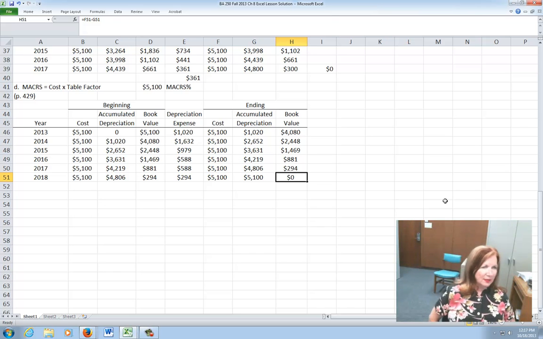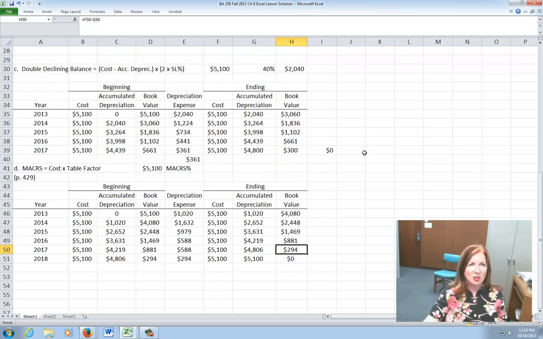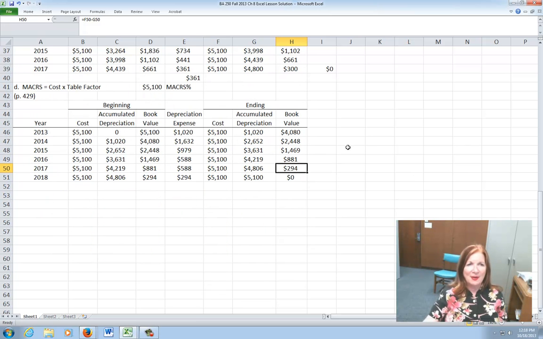So as we look at this and begin to see how it works, personally I would have probably stopped it here at 300, and it's $6 under, so I would have reduced this depreciation expense by $6 so that I got 300 just like this, so that my final gain or loss becomes a function of my estimate of the salvage value. So this shows you how to do this.